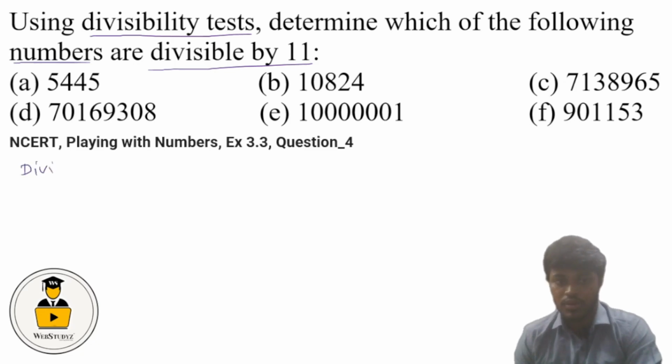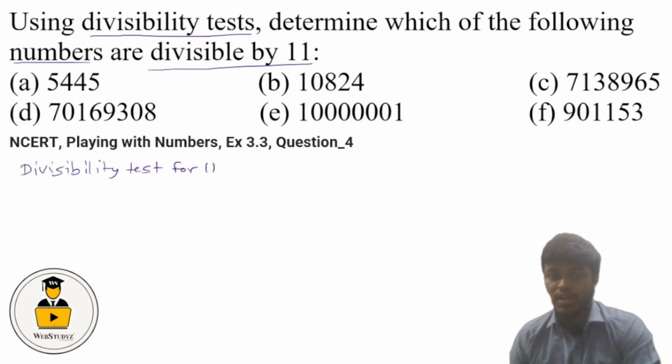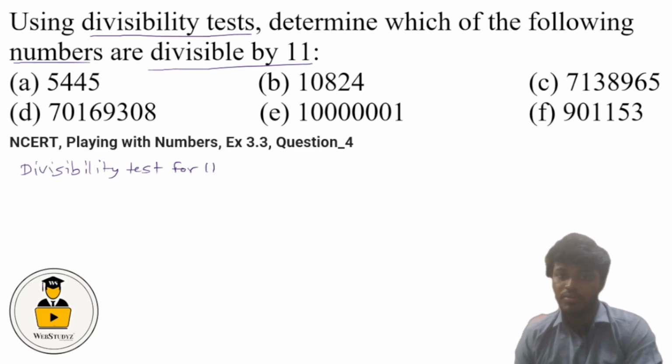Divisibility test for 11. For the divisibility test for 11, what we do is we first find out the sum of digits at odd places and sum of digits at even places, and we take their difference. And if that difference is 0 or a number that is divisible by 11, then we call such numbers divisible by 11.